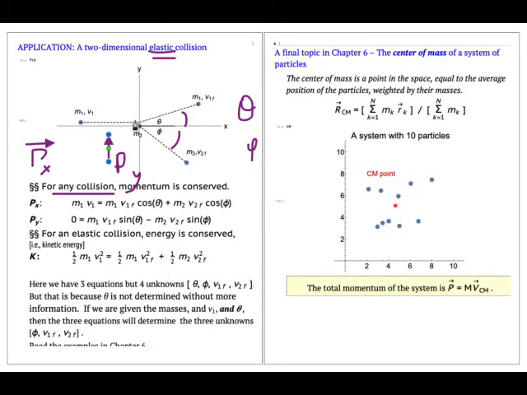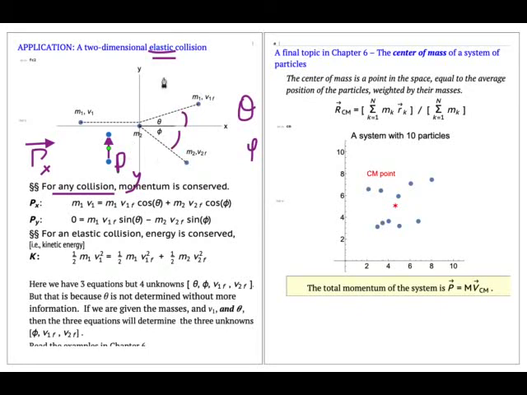So if in addition to the initial state I tell you the scattering angle, then the three conservation laws will determine all the other unknowns, namely v1 final, v2 final, and phi. So if we're given the masses and v1 and the scattering angle, then the three equations will determine the three unknowns. And I won't go any further with this in the video.